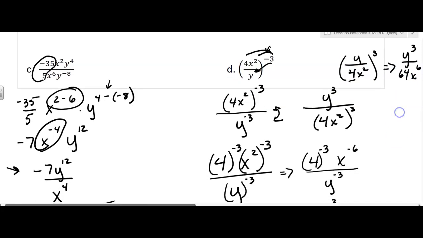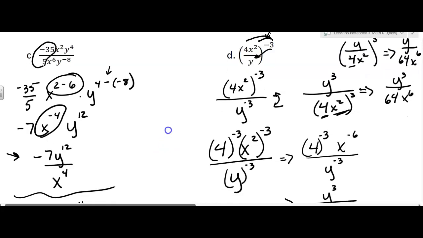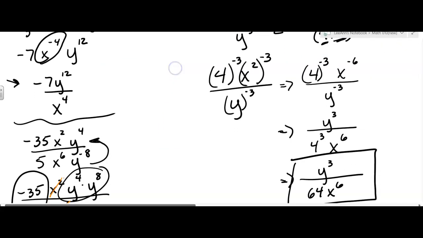Oh, here's my other one. Right here, I would have had y cubed, and then I would have had to take that 4 to the third, which is 64, and then the x to the 6th. So they really would have all turned out the same. I'm not sure which way you like best. So there's more than one way to do these.